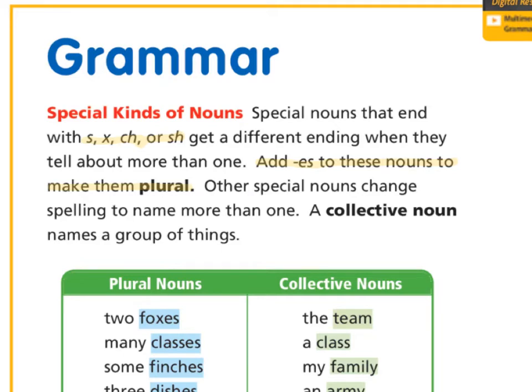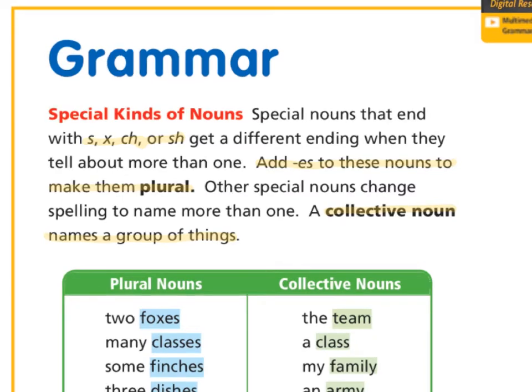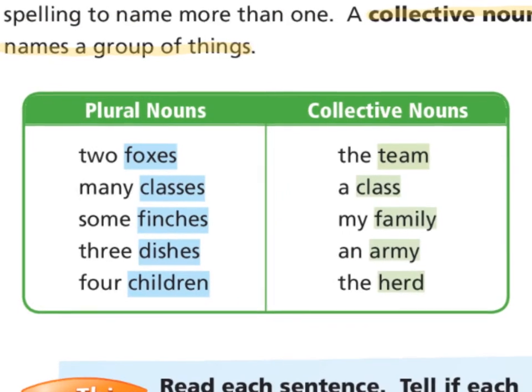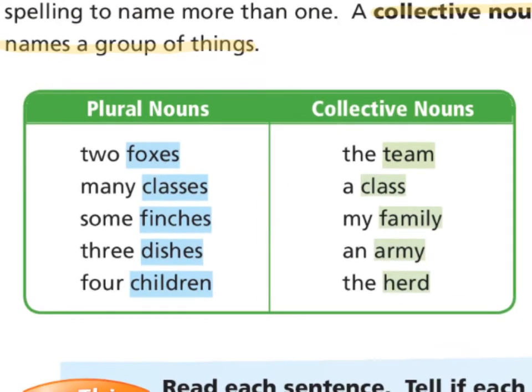Other special nouns change spelling to name more than one. A collective noun names a group of things. So for example, let's look at the plural nouns side. These words all end with X, S, CH, SH.